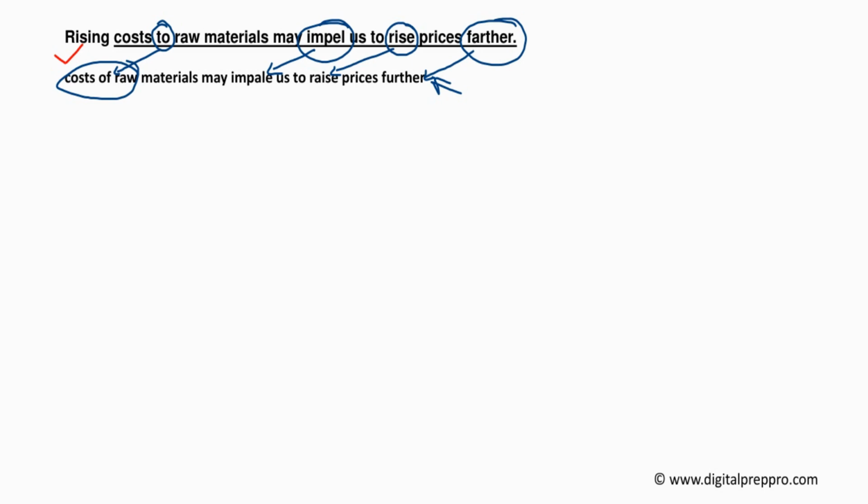Now impel means to force somebody, whereas impale means to pierce something with a sharp or pointed instrument or something like that. So impel means to force somebody. It means it is justified where this word shouldn't have been changed. Impel, yes, it has to be changed. So this word change is absolutely not justified.